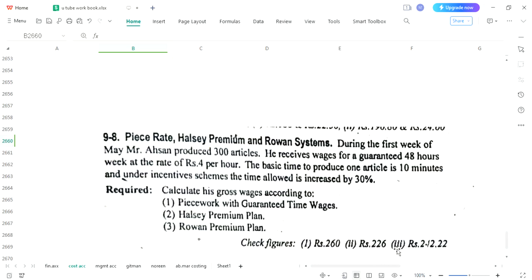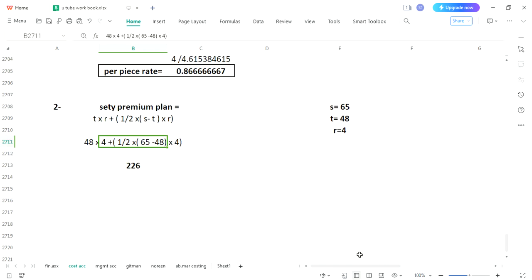And we are now going to refer this to our question. Look at here, Halsey premium answer 226, and you can see within the shortest possible way we have calculated its formula. The important thing is this time taken was given in the book, R was given in the book. You will have to understand how we have calculated 65, rewind or revise your lecture to see 65. And the remaining thing is very simple. In 8-9 classes we used to have these sort of statements.